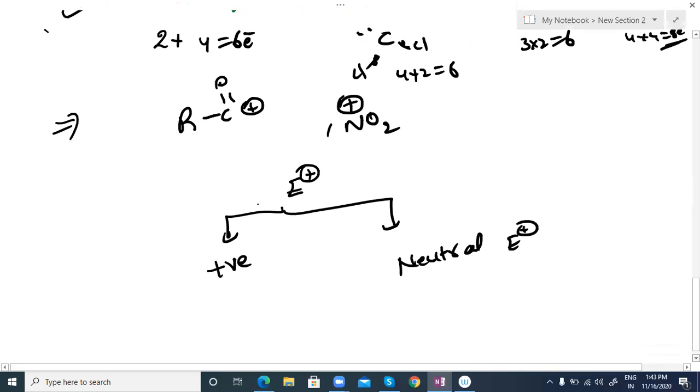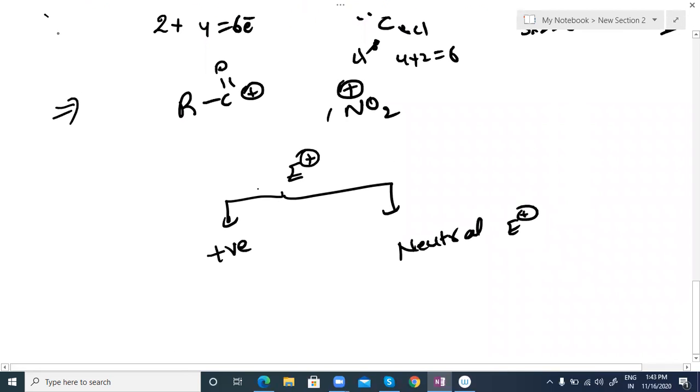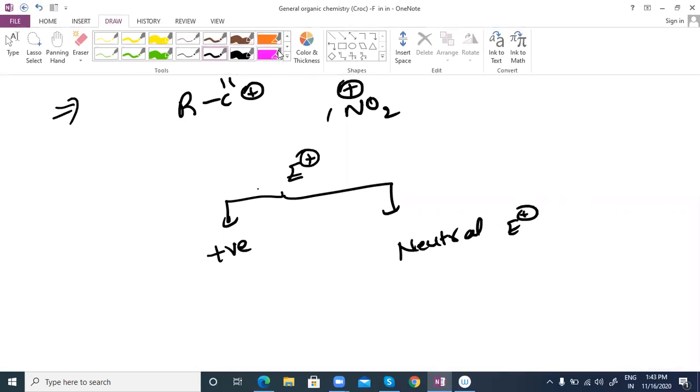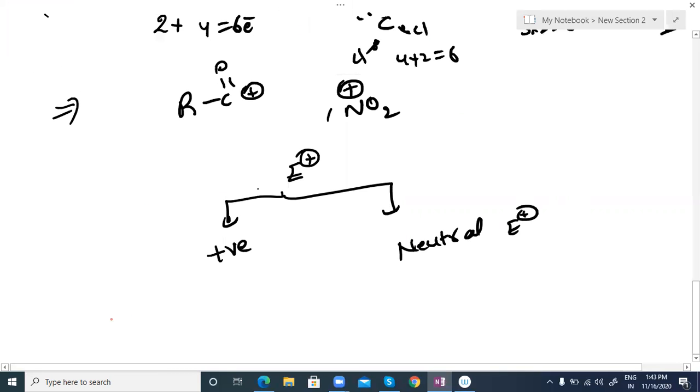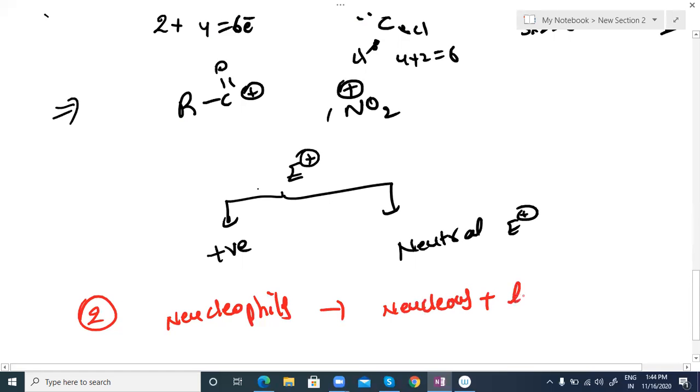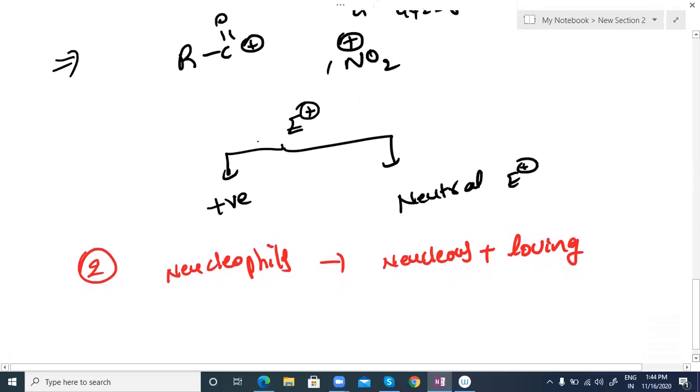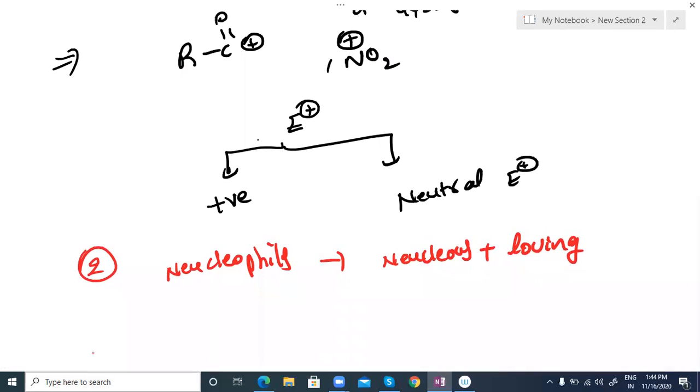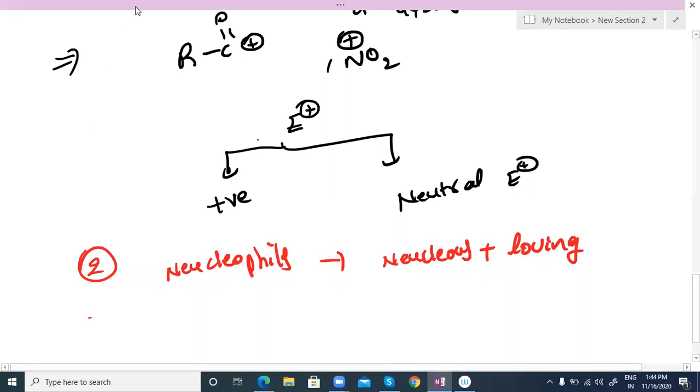And the other term is nucleophiles. The second term I'm taking here is nucleophiles. Nucleophiles means nucleus loving. Those which can attract the nucleus, which have negative charge, can attract the nucleus. That means these are electron rich compounds.